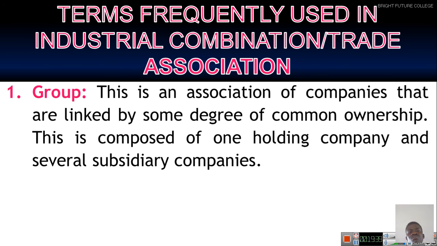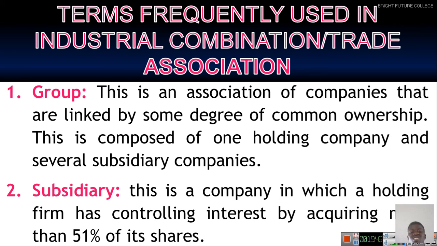Let's look at terms that are frequently used whenever we are discussing industrial combination. We have group. A group is an association of companies that are linked by some degree of common ownership or control. It's composed of a group of firms. Whenever you hear of a group, it means that one company or one body controls the activities of every other organization.